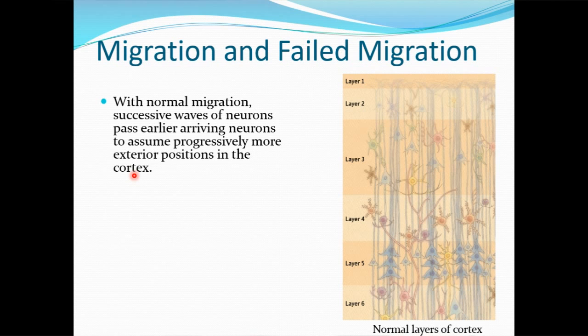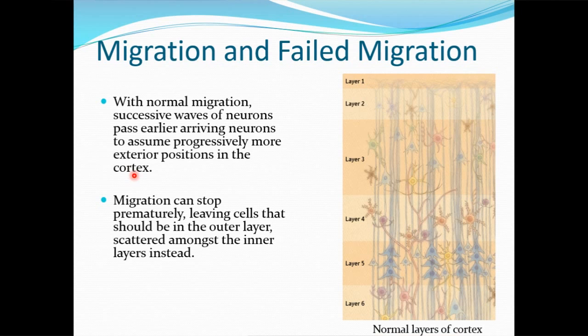So they almost do a bit of a relay, they go past each other until they get to the more exterior positions. Migration can stop prematurely, leaving cells that should be in the outer layer scattered amongst the inner layers instead. So that's when something goes wrong and they don't get to the outer layer. And the consequences of that are often dyslexia or epilepsy.